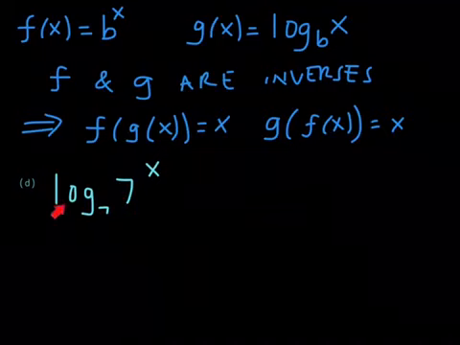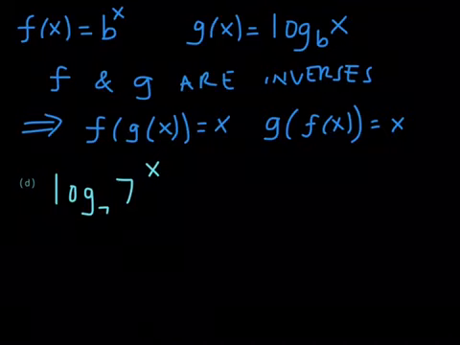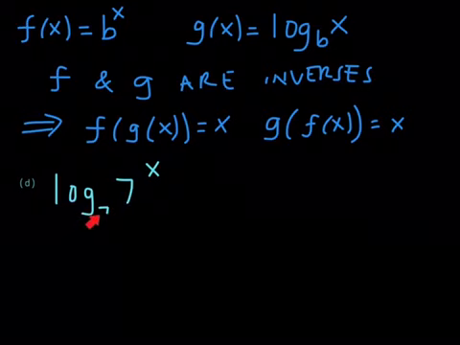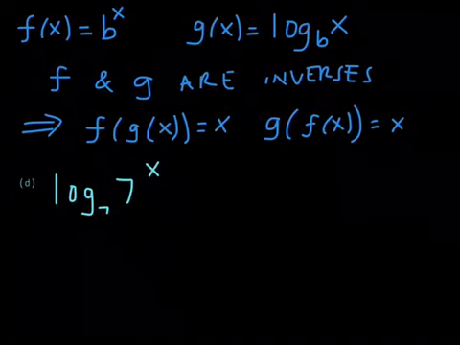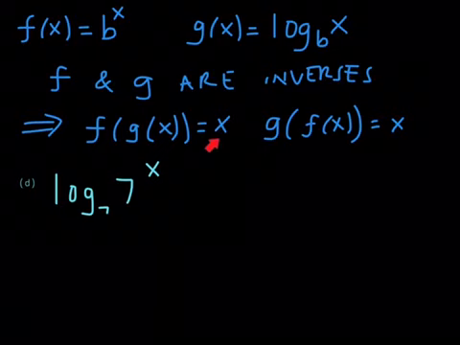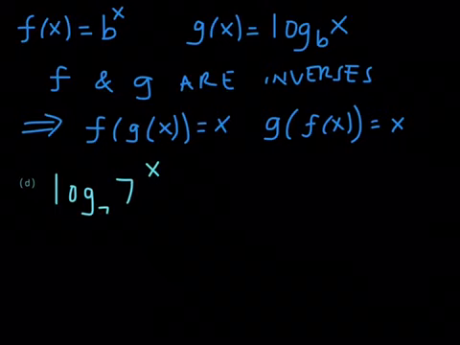These are inverses of each other. And because they're inverses of each other, we know what we're going to get. You're going to get your argument right back. What is your argument in this example? X. So we know the answer is simply x.